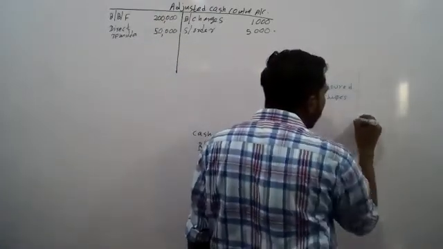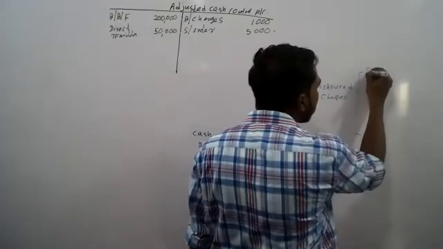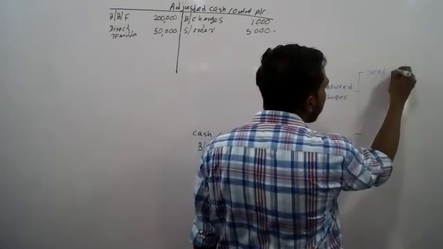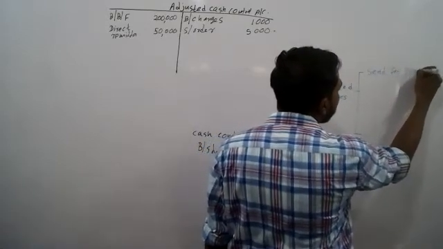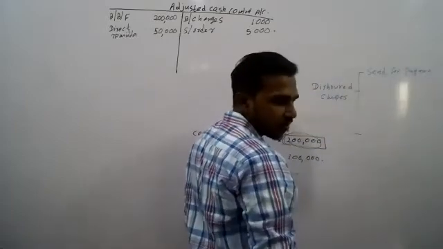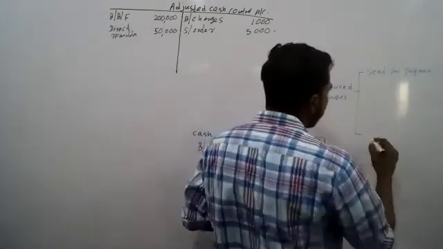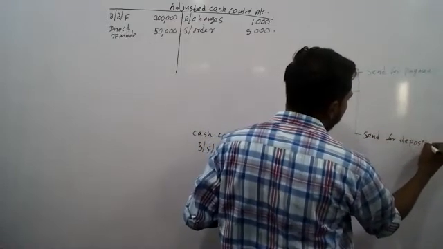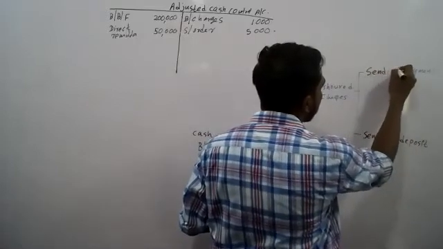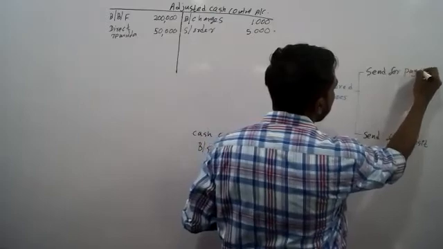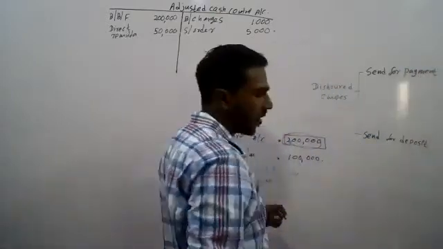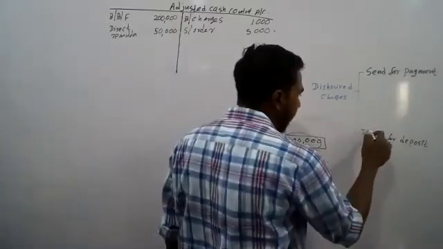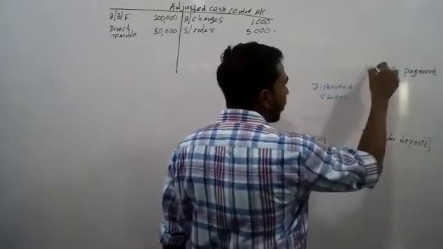Dishonored checks are of two types. One is a check sent for payment.